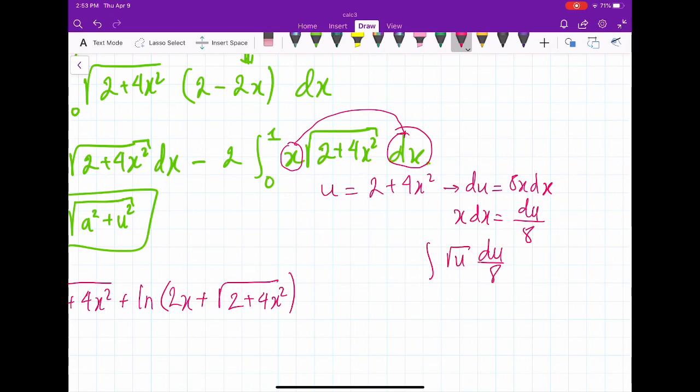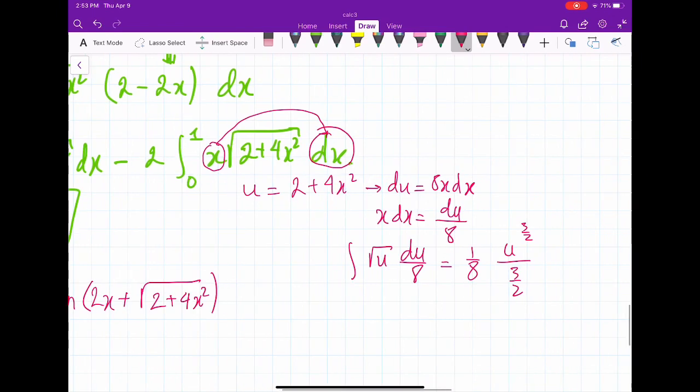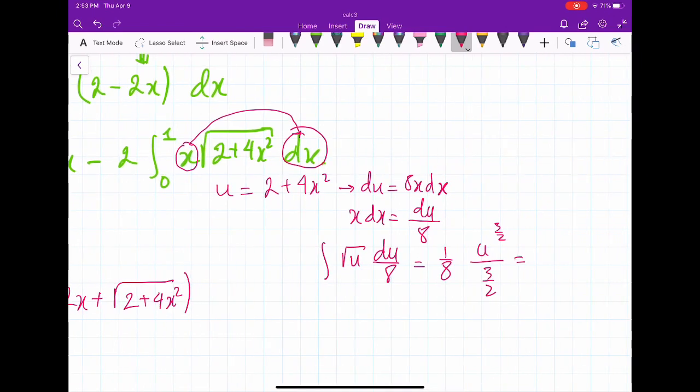I don't write integration limits because I want to plug in numbers at the end. And we use the power rule, that is 1/8 times u to the 3/2 over 3/2. So that is 1 over 12, in here I have (2 plus 4x squared) to the 3/2.